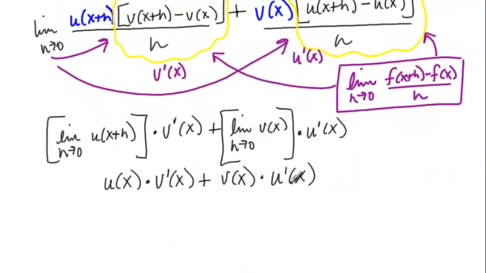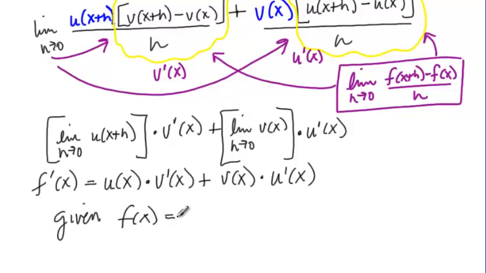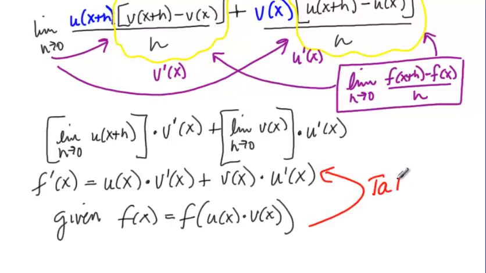If we look at what we've got here and think back to what this means, this is our derivative of f of x, given that f of x is a function of the product of two other functions that can be written in terms of x, u of x times v of x. So we're done. Look at this. Ta-da! We have the first times the derivative of the second plus the second times the derivative of the first.